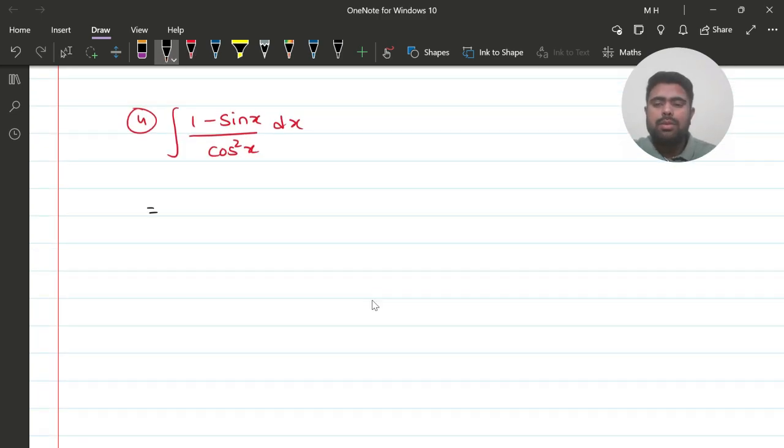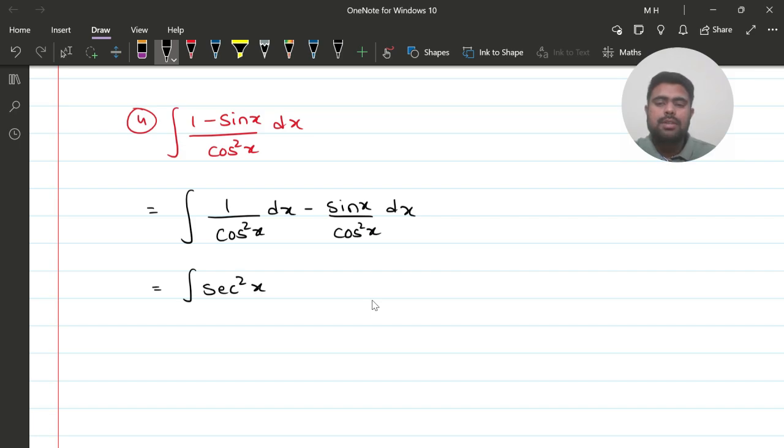This will be equal to the integral of, if I split, what will I get? 1 by cos square x dx minus sin x divided by cos square x dx. So this will give me the integral of, what is 1 by cos square x, it is secant square x, that is sec square x dx. Okay, we know the property, the integral of f plus or minus g can be written as the integral of f plus or minus the integral of g, right?